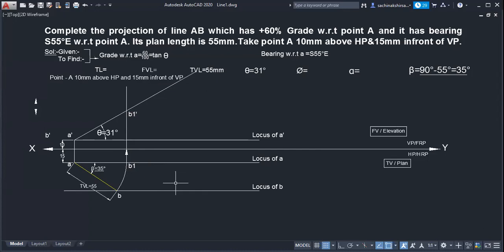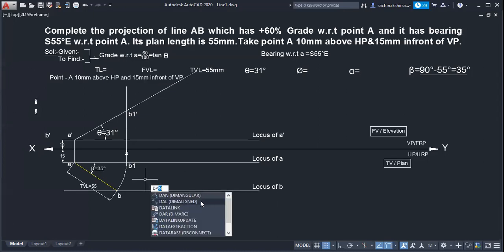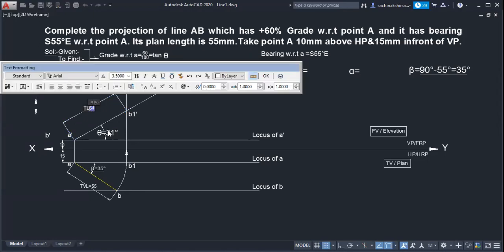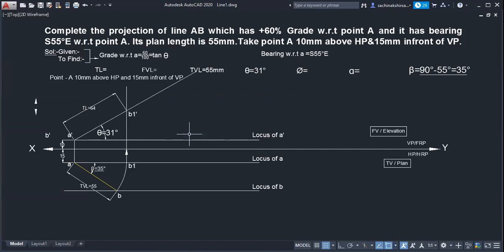Whatever length I got, will you measure and tell what that true length is? 64, sir. Very good. This is 64. Okay. What to do next now?